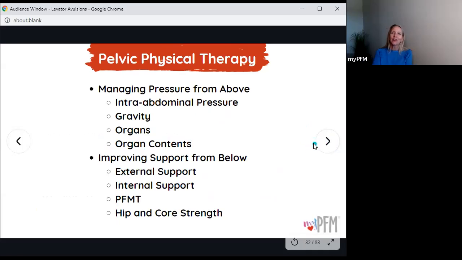All right, now the basic concepts here of pelvic physical therapy. I've kind of taken everything that I've learned and categorized it into these two categories. And I think it just makes a whole lot of sense. So if the forces from above, so if you have your pelvic floor muscles here, let me stop sharing just a minute.